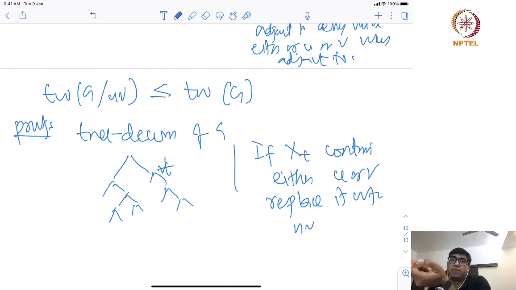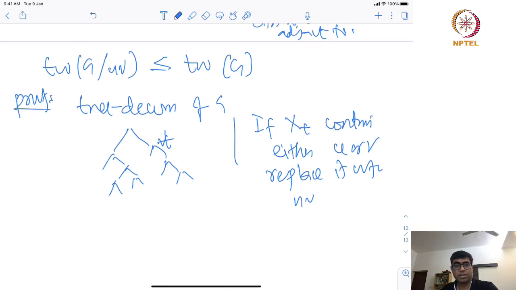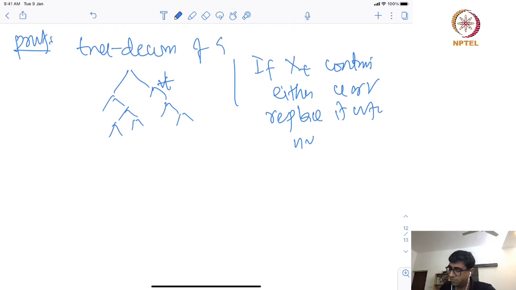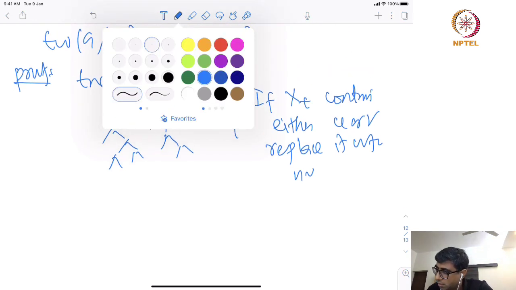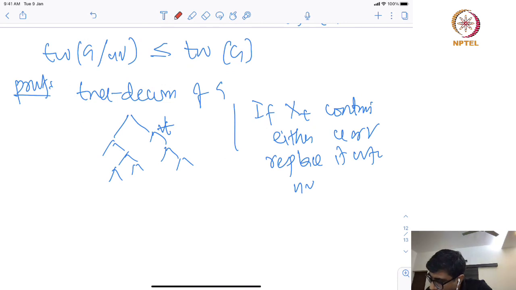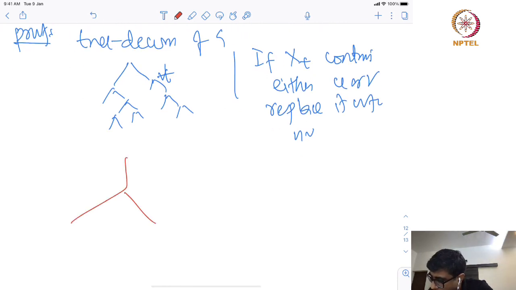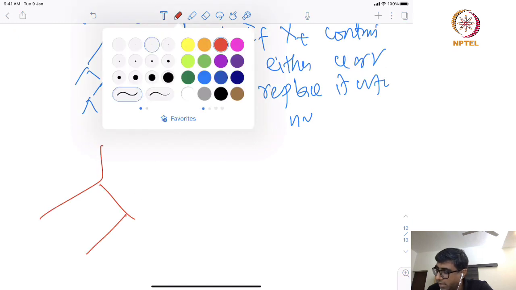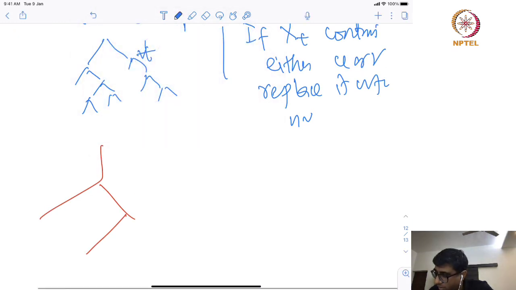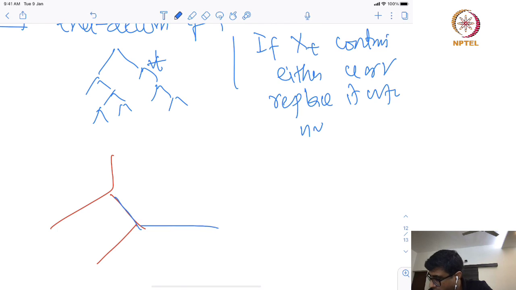What about the edge property? The edge property is anyway satisfied. Now what about the connectivity property for uv? Look at u: it is going to be some subtree which is connected, and look at v: that is also going to be some connected subtree. But the blue subtree and the red subtree must intersect.